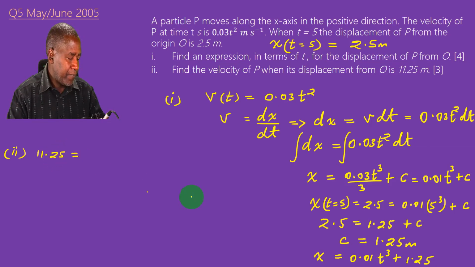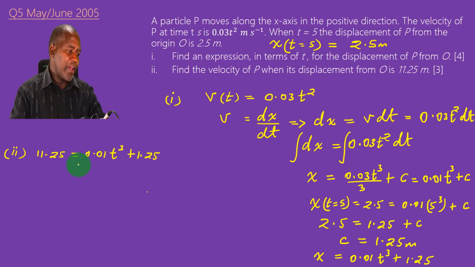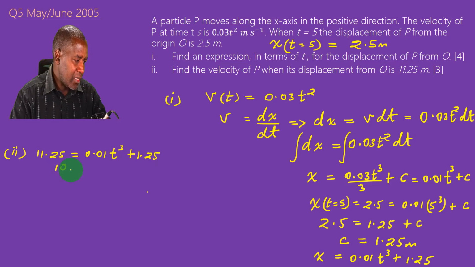the displacement is 11.25. This one here is equal to 0.01 t cubed plus 1.25. Subtract 1.25 from both sides, I'm going to get 10.